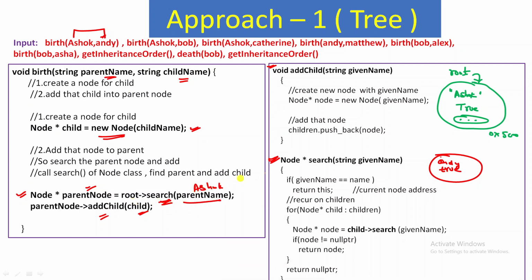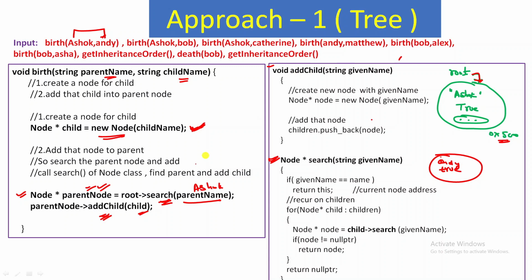I will be searching each and every node for the name Ashok, starting from the root node, and I have found it. So I will return this address to this parent node. Now I will be calling add child, that is, to this parent, Ashok, please add the child. So add child will be called, and now we will be coming here.